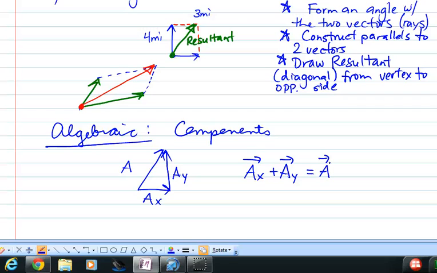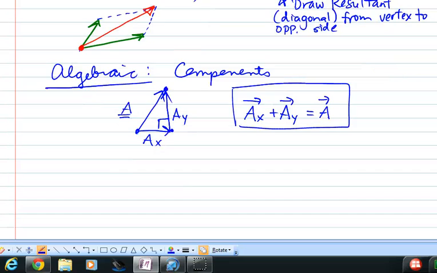Normally we would think, oh, that's 3 plus 4 equals 7. But when I add vectors, then I'm talking about head to tail. And you can see that the tail of AY touches the head of AX, and the hypotenuse, the resultant, the vector A, goes from the first tail to the last head. So that's kind of where that comes from.